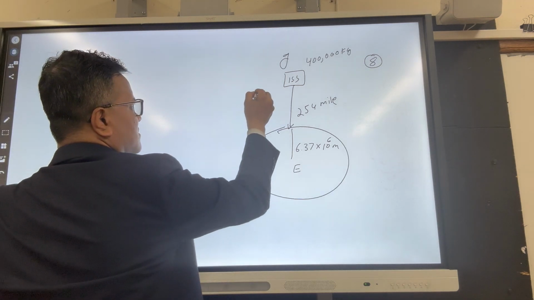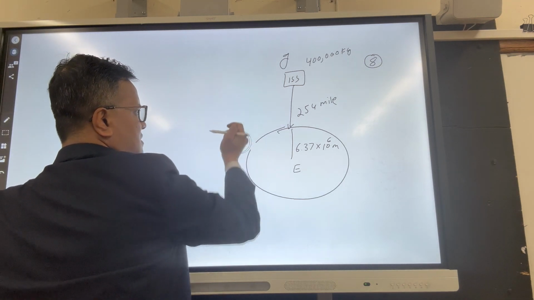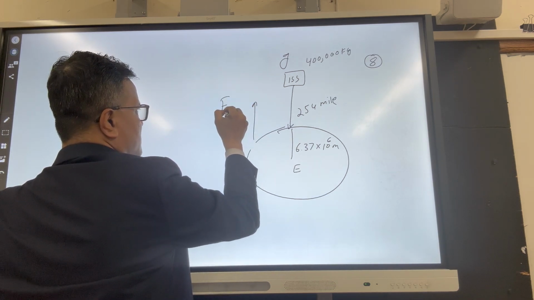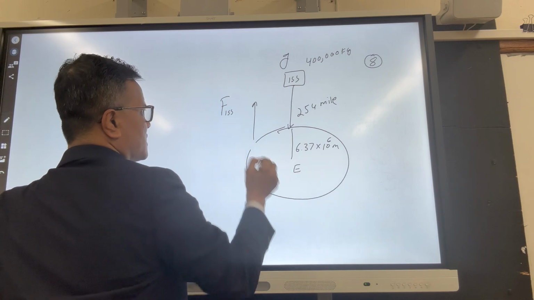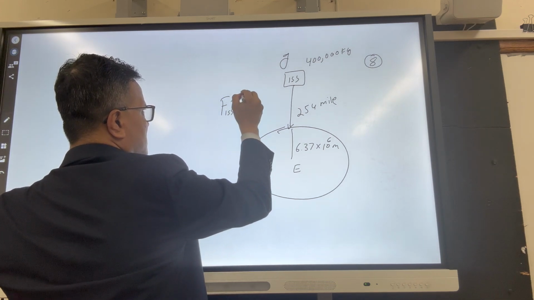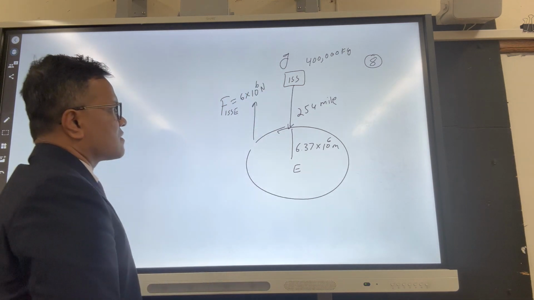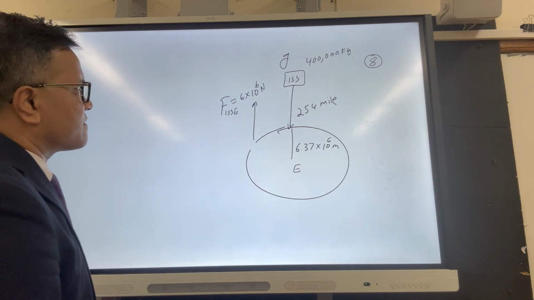The force on the ISS by the earth is 4 times 10 raised to 6 Newton. What do we need to find? This g.